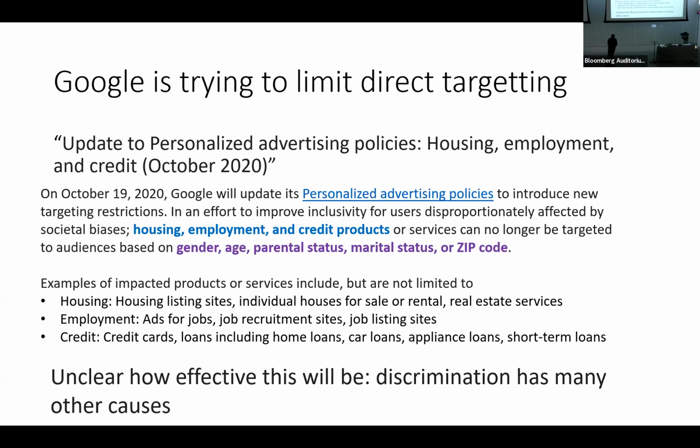But I think the other, more interesting thing is that Facebook has historically not allowed direct targeting by race, right? So directly saying, I want to only target Asian Americans or whatever. But what they have done is allow targeting affinity groups.